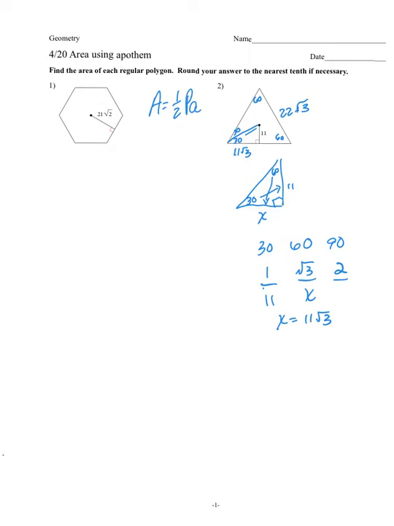So if it's 22√3, we need to do the perimeter. So the perimeter is 3 times 22√3 times the apothem and times 1/2. And when I put that in my calculator, I get that the area equals 628.7.